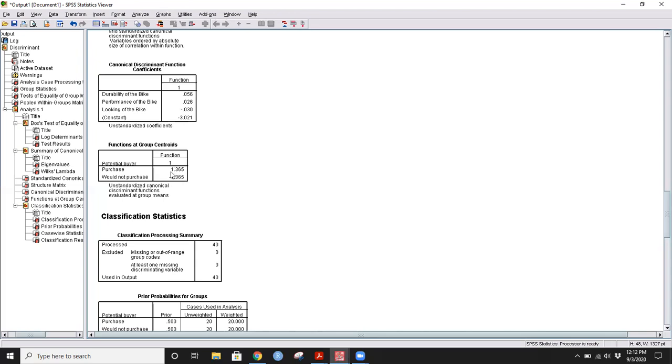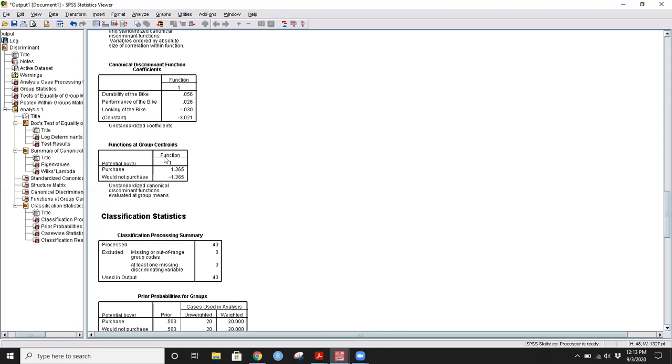Purchase is 1.365 and would not purchase is minus 1.365, so a weighted average would be 1.365 times 20 purchasers, plus minus 1.365 times 20 not purchasers, divided by the total 20 plus 20, that is 40. This mean works out to be 0.